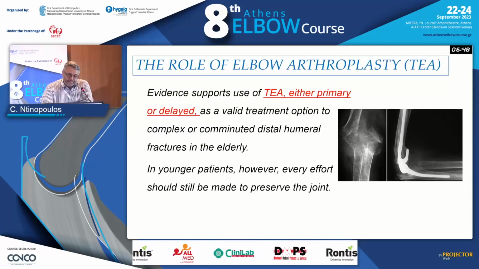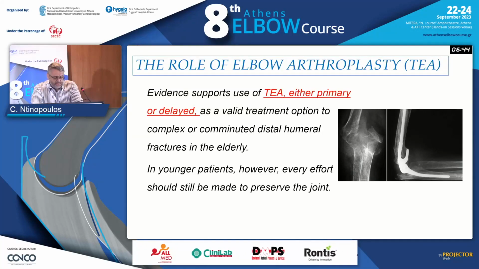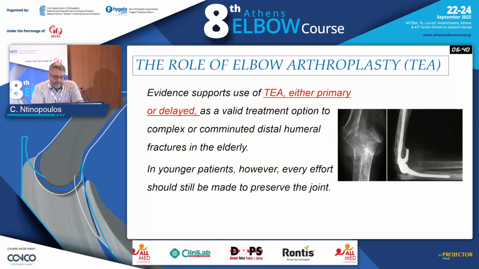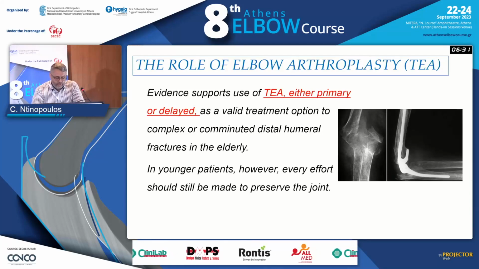Elbow arthroplasty. The literature evidence supports use of total arthroplasty, either primary or delayed, in this situation, as a valid treatment for complex comminuted distal humeral fracture, especially in the elderly. In younger patients, every effort should be made to preserve the joint through fixation.